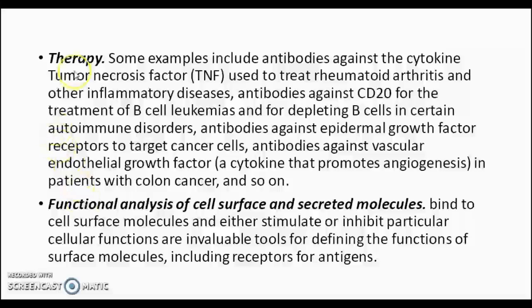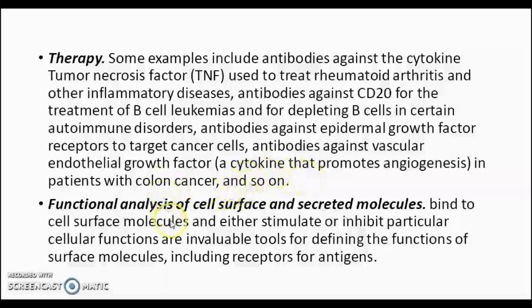Also, for therapeutic purpose, some examples include antibodies against cytokine tumor necrosis factor used to treat rheumatoid arthritis and other inflammatory disease, and antibodies against CD20 for the treatment of B-cell leukemias and for depleting B-cell in certain autoimmune disorder. Also, antibodies against epidermal growth factor receptor to target cancer cells, antibodies against vascular endothelial growth factor, a cytokine that promotes angiogenesis in patients with colon cancer, and so on.